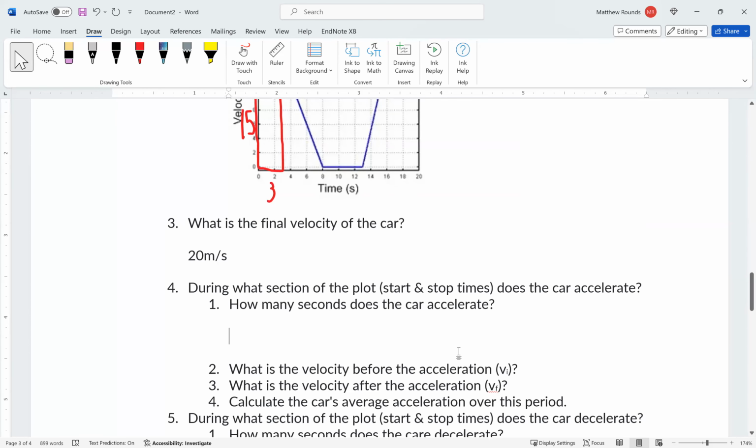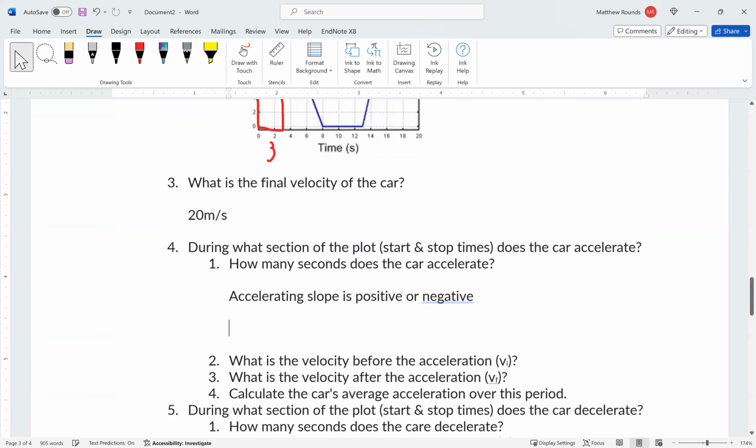So it says, during what section of the plot, start and stop times, does the car accelerate? It's accelerating when the slope is positive or negative.